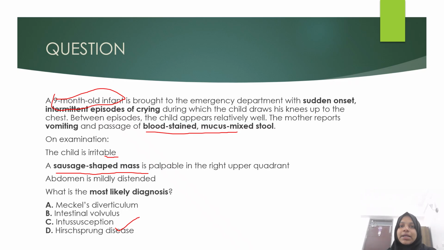Meckel's diverticulum can get inflamed, there can be diverticulitis, fever, and blood in stool, but the sausage-shaped mass is not very characteristic of Meckel's diverticulum. So this is a case of intussusception.